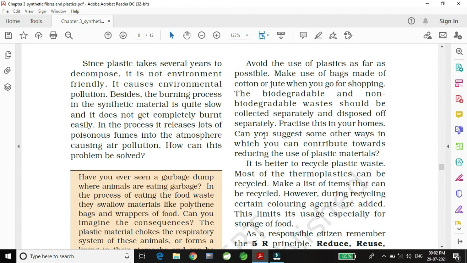So it is saying that we can also recycle plastic, and mostly thermoplastics are recycled and made into different items. And some plastic uses color. So some plastic is unfit for storing food because the coloring agent would come into our food and the food will become colored. So mostly colored plastics are not used for storing food items.